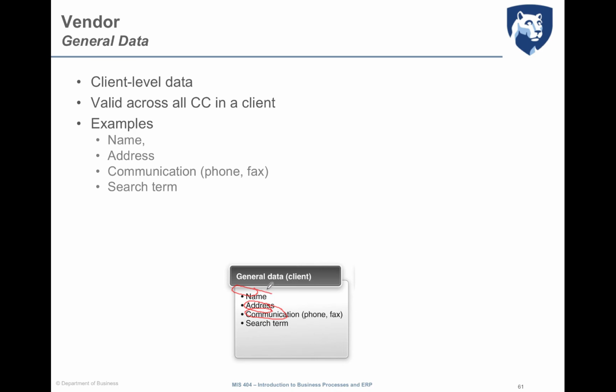And these data are defined at the client level and are consistent across all company codes and all purchasing organizations in the enterprise, especially if the supplier is shared among different plants or different companies. As we said, these general data are shared between the accounting view and the purchasing view.